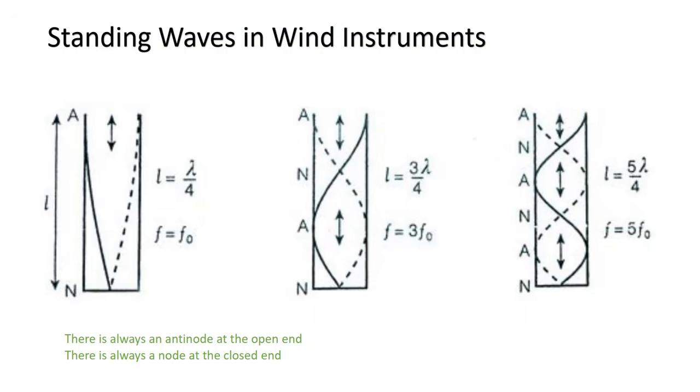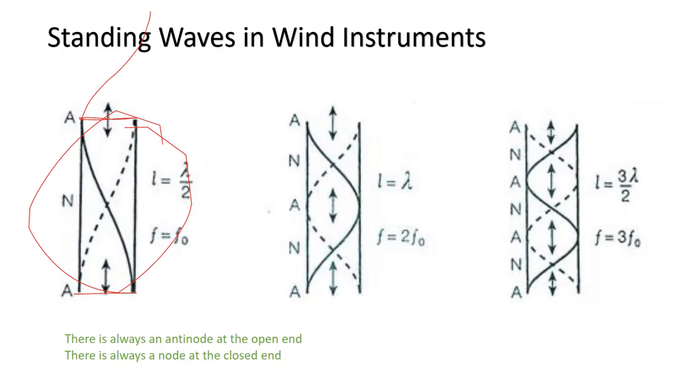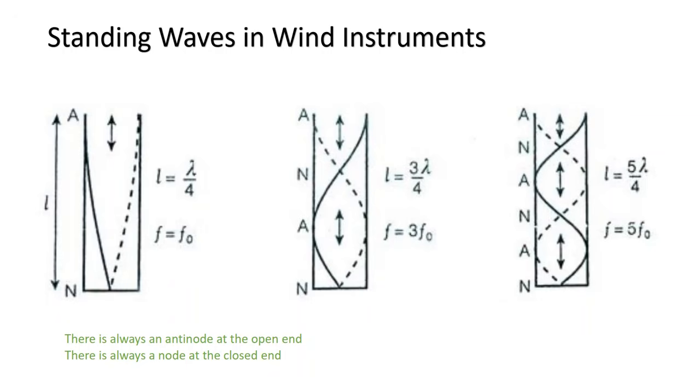And when it comes to closed-ended instruments, one very important point to address is, in open-ended ones you get standing waves at f0, twice f0, thrice f0. But when it comes to closed-ended ones, you only get standing waves at f0, thrice f0, and 5f0, at odd multiples of the fundamental frequency.